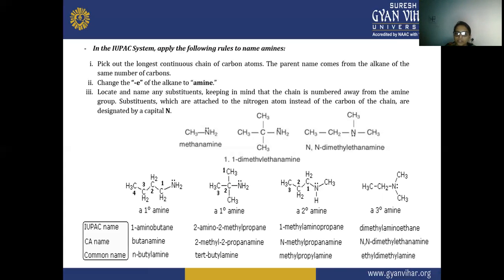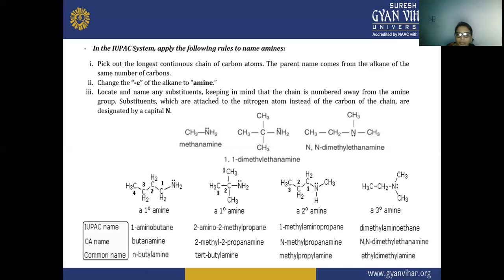Next is CH3, CH2, CH2, CH2, NH2. In this you have to pick the longest continuous chain, then name the parent. Counting 1, 2, 3, 4, four carbons means butane.